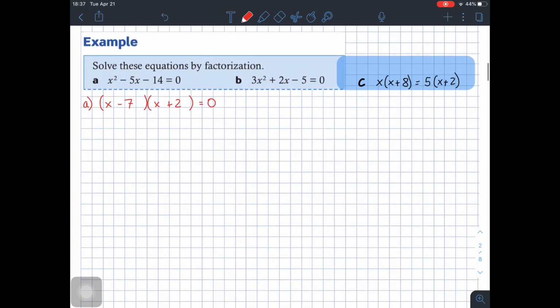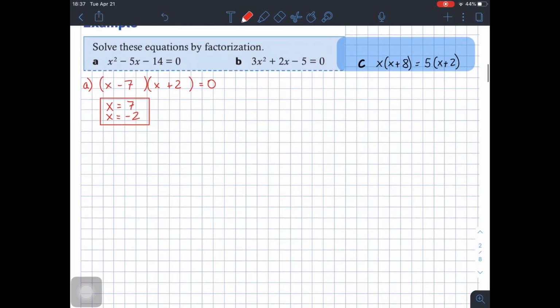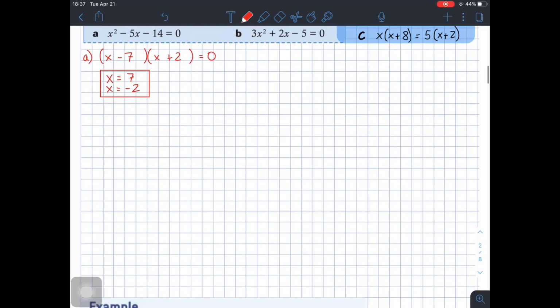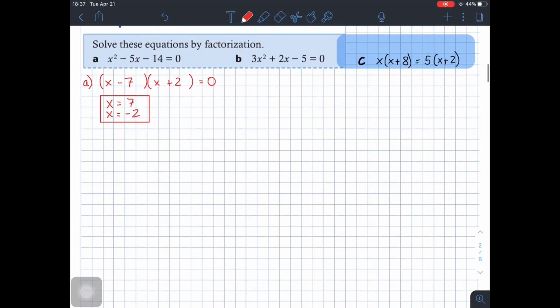So the two solutions would be x equals 7 and x equals negative 2. Okay, and that's it. With these two values, we solved the equation. So those are the x-intercepts or roots or solutions of this equation. Okay, let's go to exercise B.